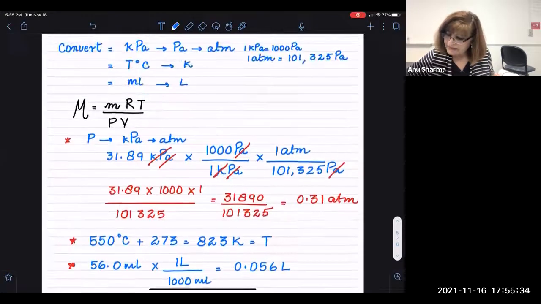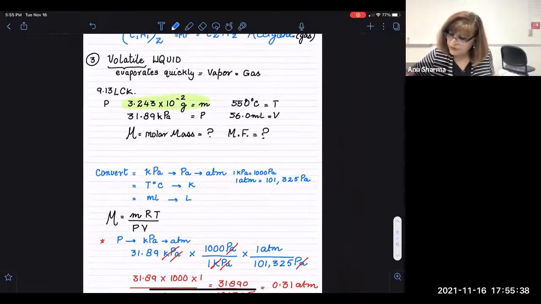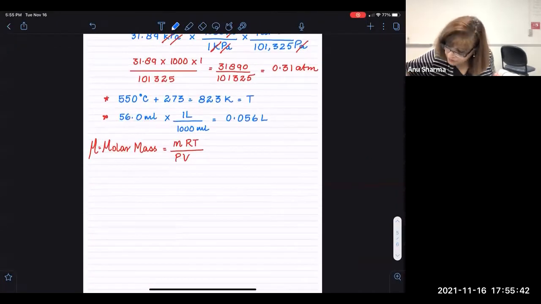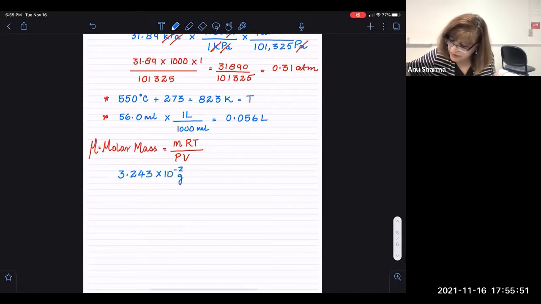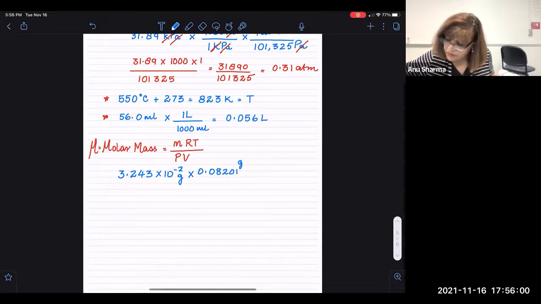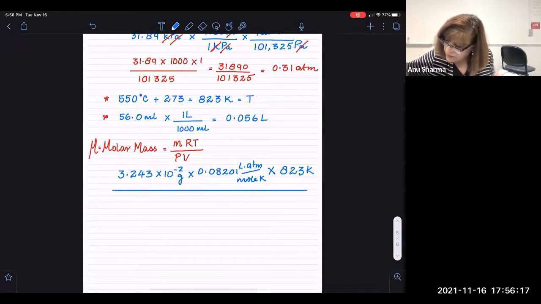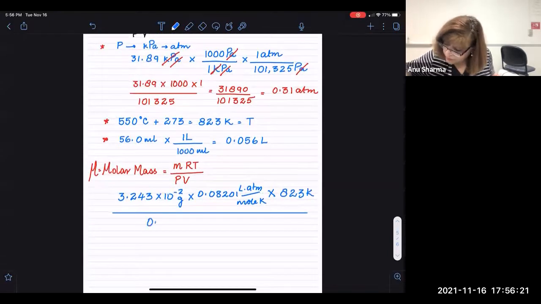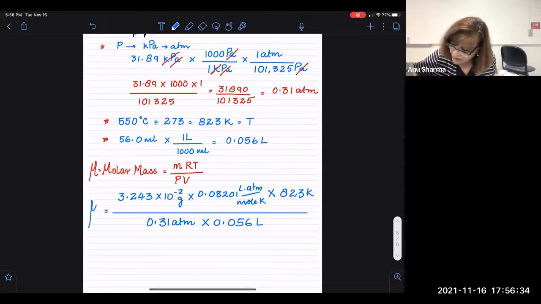The mass is 3.243 times 10 to the power minus 2 grams, times 0.08201 liters ATM per mole K, times the temperature, 823 K, over the pressure, 0.31 ATM, times the volume, 0.056 liters.